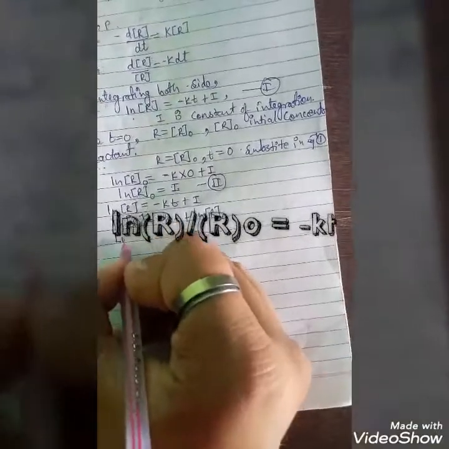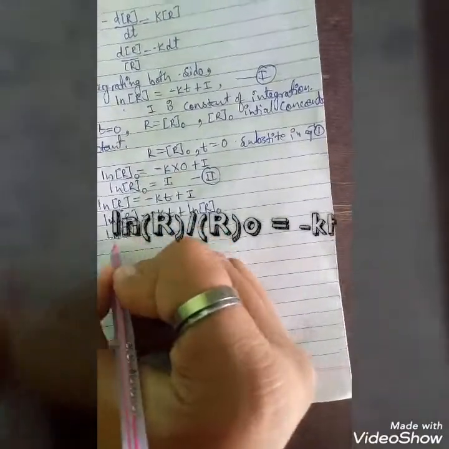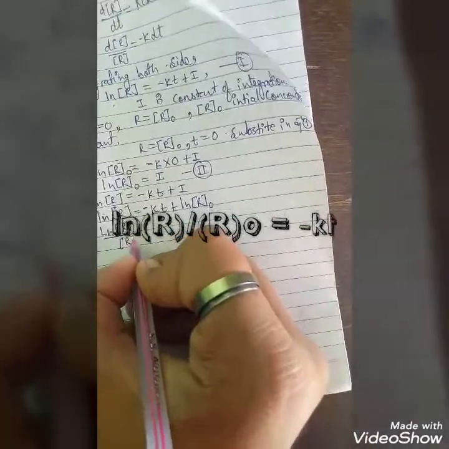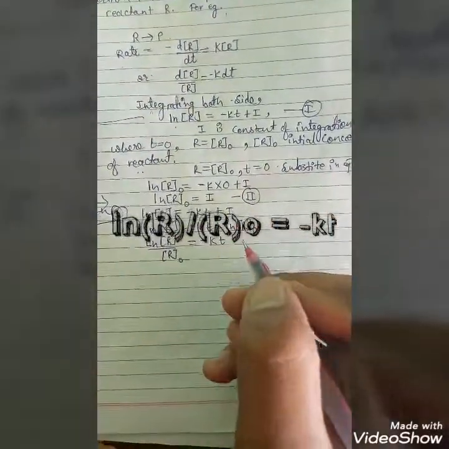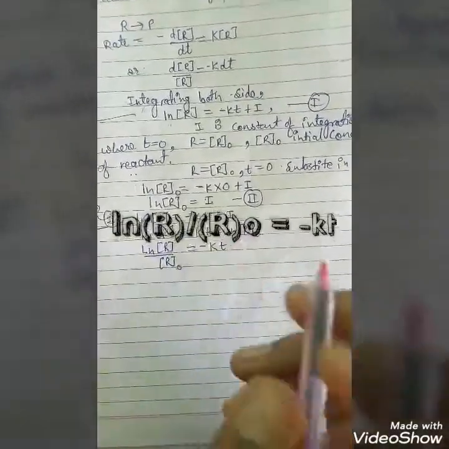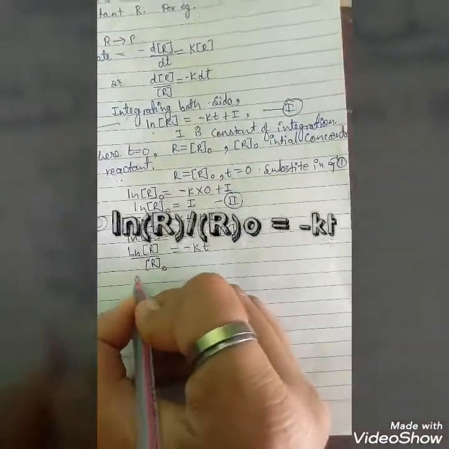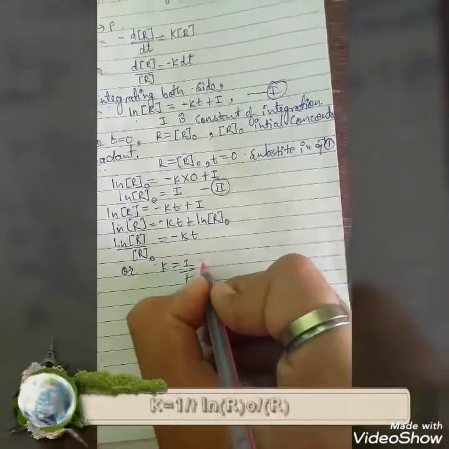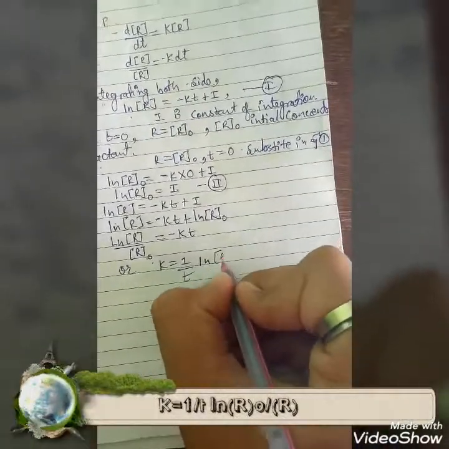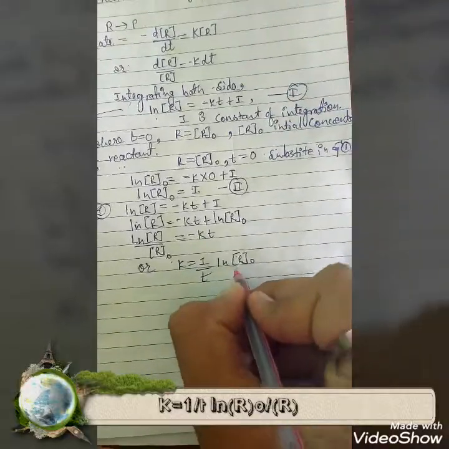Now ln R upon R naught is equal to minus k into t. So the value of k is equal to 1 by t ln R naught by R.